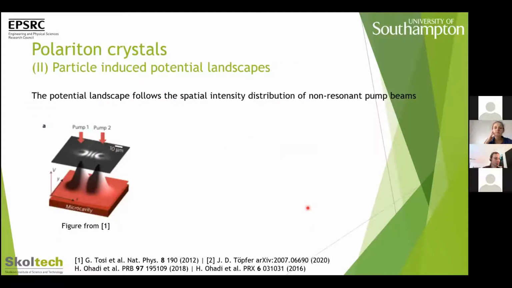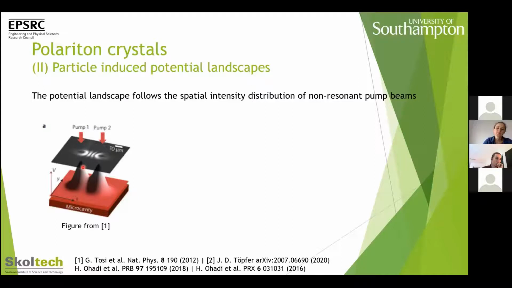But thanks to polaritons' matter component, there's an entirely different direction in which one can create these potential landscapes, and that's harnessing interparticle interactions. Polaritons interact very strongly amongst themselves, but they interact even more strongly with these reservoirs of non-condensed particles that form under non-resonant excitation.